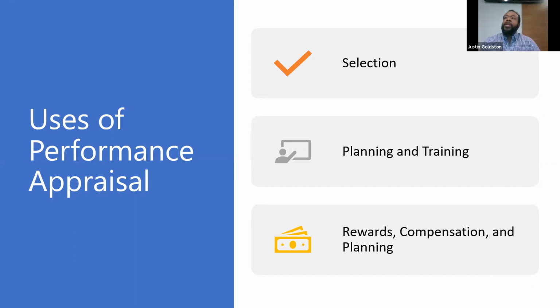Yes, we may be issuing raises, but do the employees have effective targets to look toward when we're looking at rewards and compensation? If employees are not performing at an acceptable level, do we increase those rewards? Do we increase that compensation? And those are other questions that we have to assess.